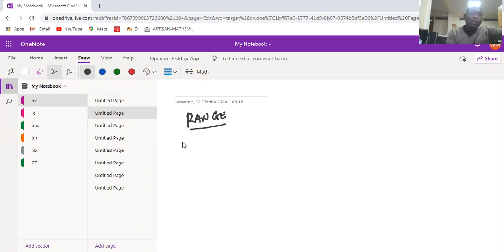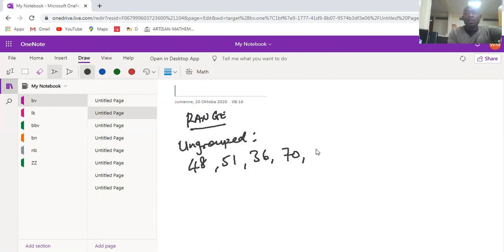So if you have data for the ungrouped case, this is for the ungrouped. Remember, ungrouped data is data that resembles the following. So if you have 48, 51, 36, 70, 37, like that, this is ungrouped data because this data has not been organized into classes.